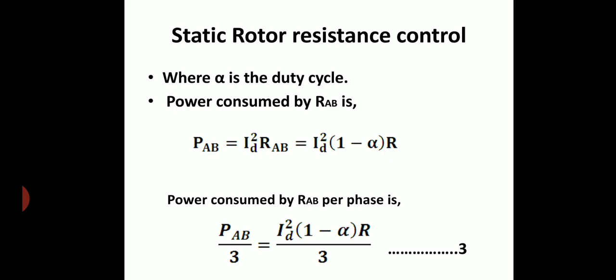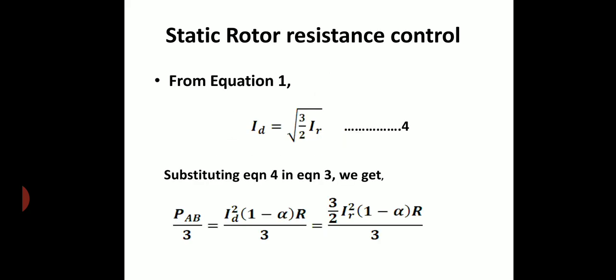Power consumed by RAB, that means the rotor circuit resistance consumes some power, that is PAB equals ID squared RAB equals ID squared (1 minus alpha) R. So power consumed by RAB per phase, because it is a three-phase machine, PAB by 3 equals ID squared (1 minus alpha) R by 3.